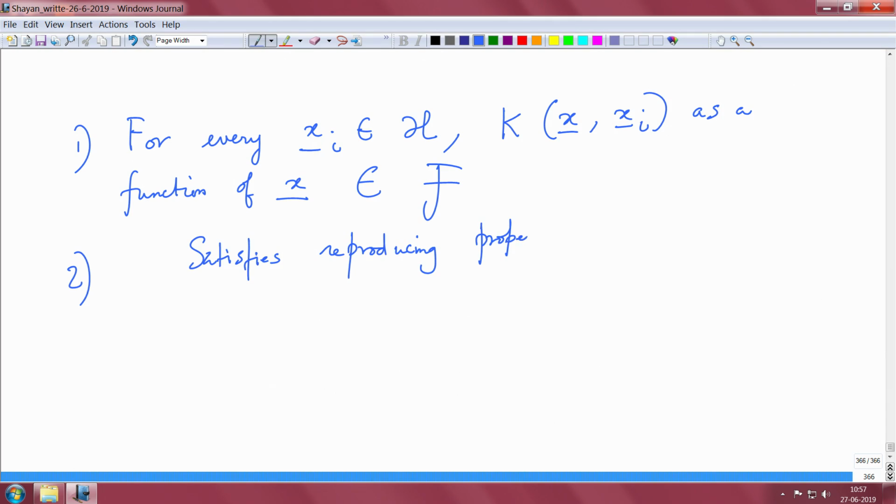That is, I take the inner product of the function with the kernel, I get back the function, and that is very useful for me.